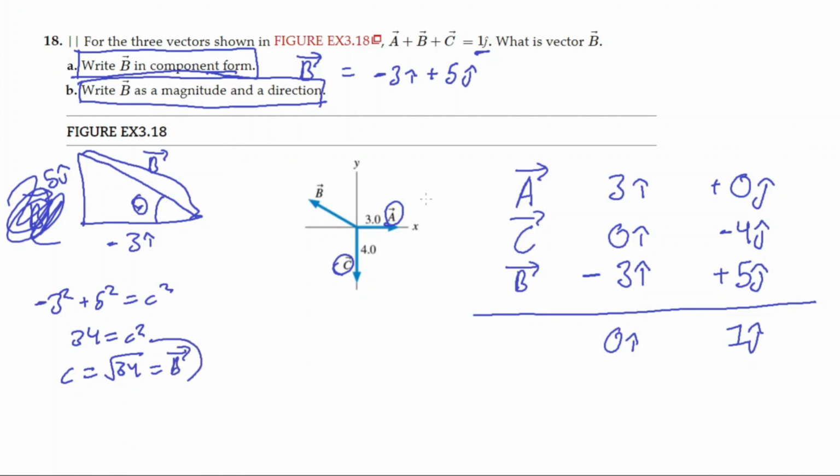And now we want to find the direction of vector b. So again, we're working with an opposite unit here and then an adjacent unit in terms of theta. So what we can do again is put into a calculator arctan, or tan to the negative 1, of 5 over negative 3.